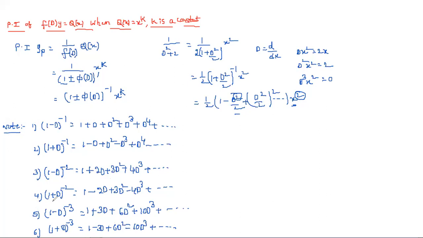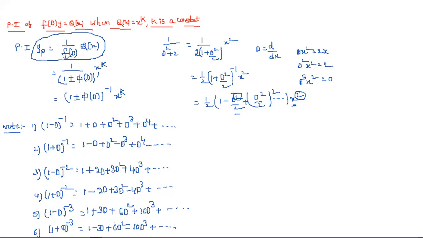You need to apply them whenever you use this method. These formulas are mandatory, since any one of them may appear. So once again, the procedure. First, we write the particular integral, Yp equal to 1 by f of D times Q of x.